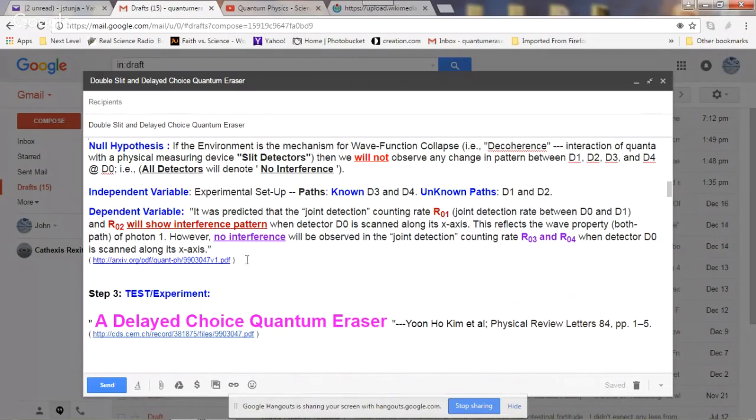I took the dependent variable right from the actual paper, and it was predicted that the joint detection rates, that's D0 and D1, and D0 and D2, that's R2, will show interference patterns when detector D0 is scanned along its x-axis. This reflects the wave property of both paths of photon 1. However, no interference will be observed in the joint detection counting rates of R3 and R4 when detector D0 is scanned. All right, so that's pretty cut and dry.